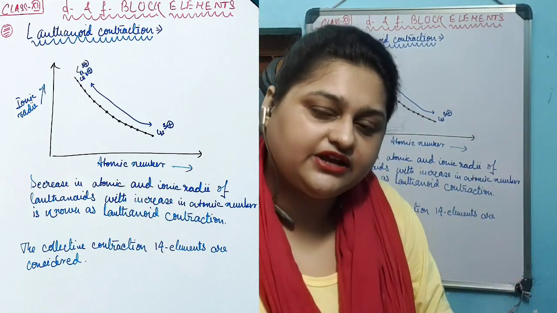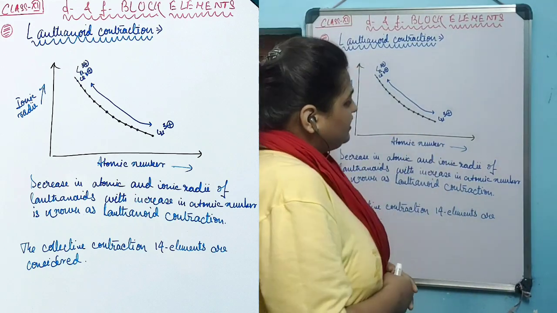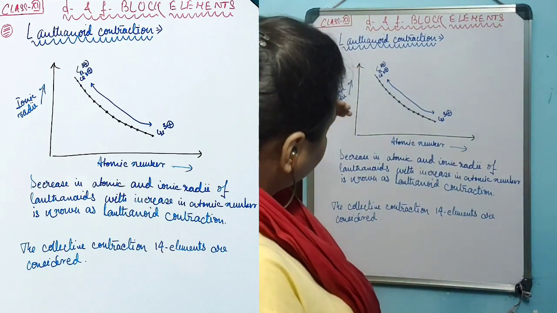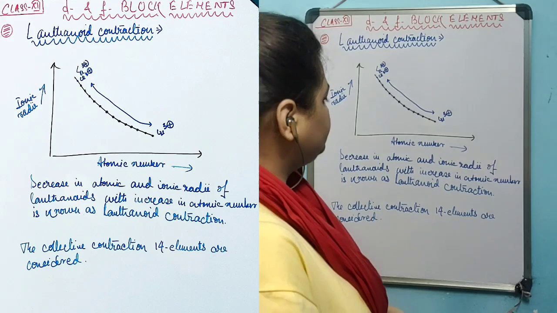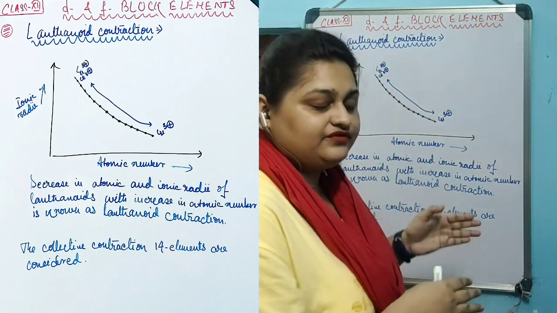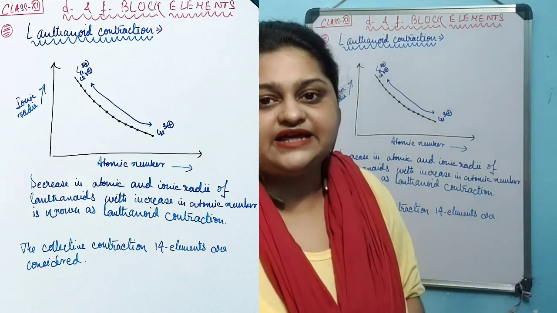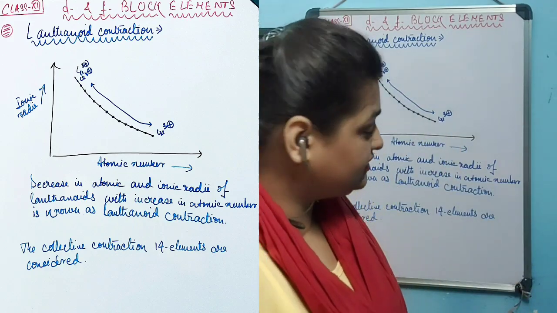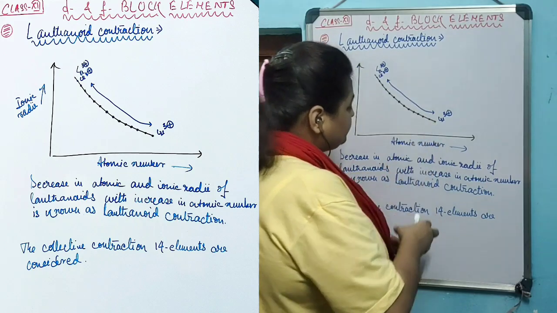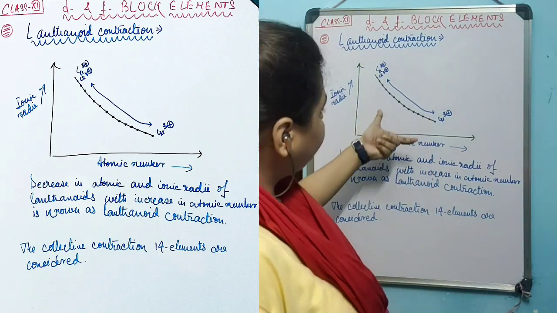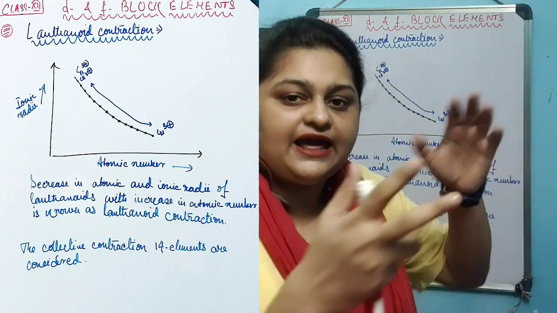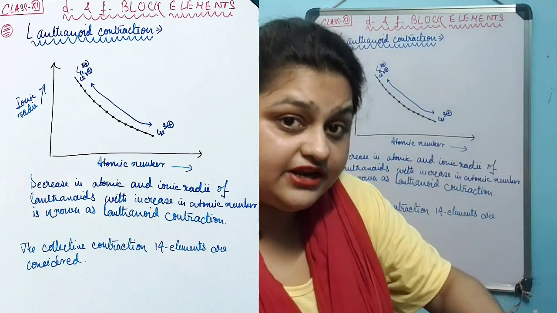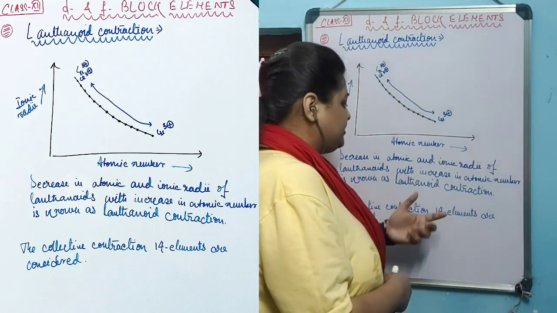This collective decrease of 14 elements can be shown even in the elements after the lanthanoids. In the other elements, this decrease can be shown.